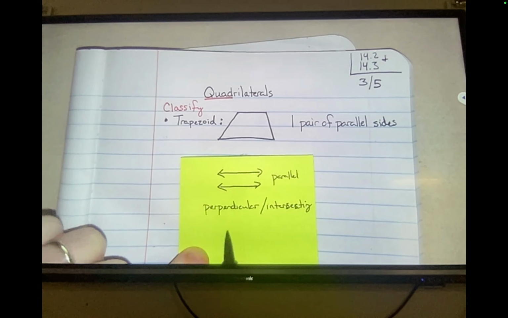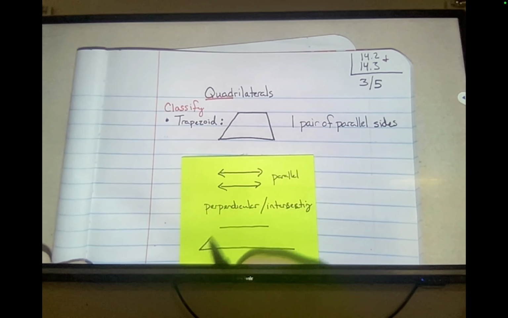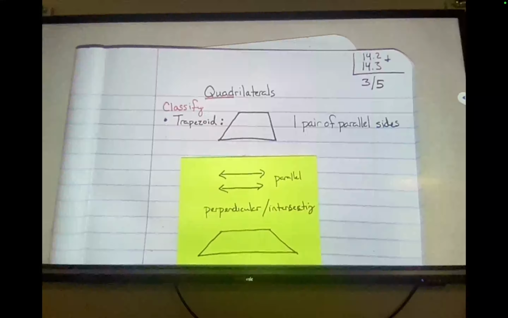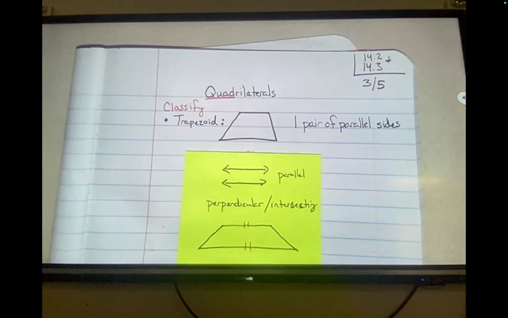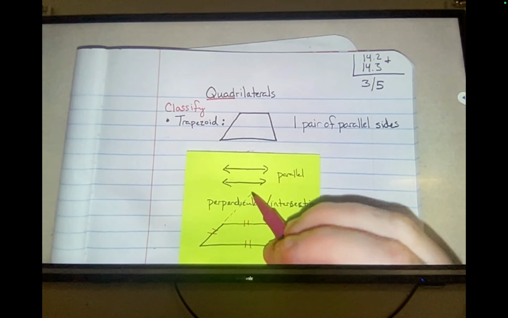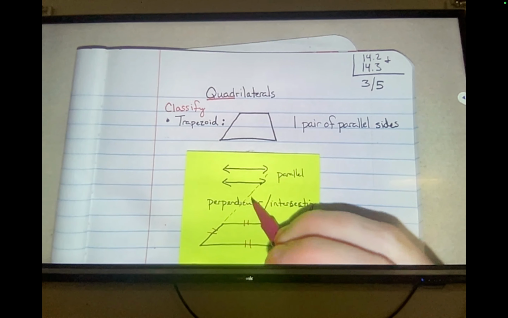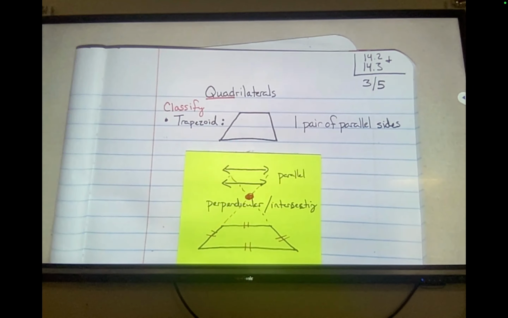So if you're looking at this shape that we just did, and you don't have to write this down, this is what I would be doing on the board if I was there. You could see that this line and this line are parallel. So those are the one pair of parallel sides. But the other two lines are not parallel, because if I kept going this way, and I kept going this way, eventually they're going to intersect right there in the middle.